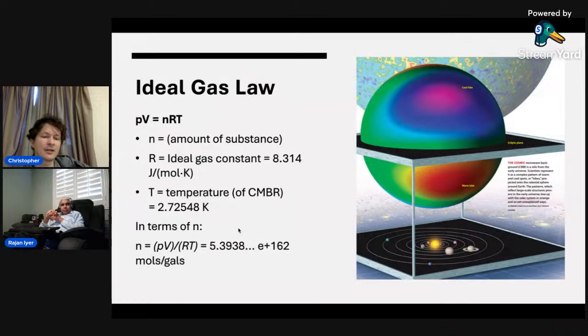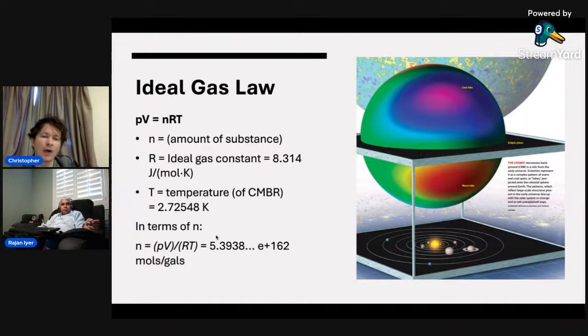So the temperature of the universe is usually defined by the cosmic microwave background radiation, and it's around 2.72 Kelvin. So if we take the ideal gas law in terms of n, then it's pressure times volume divided by the ideal gas constant times the temperature, which we know.